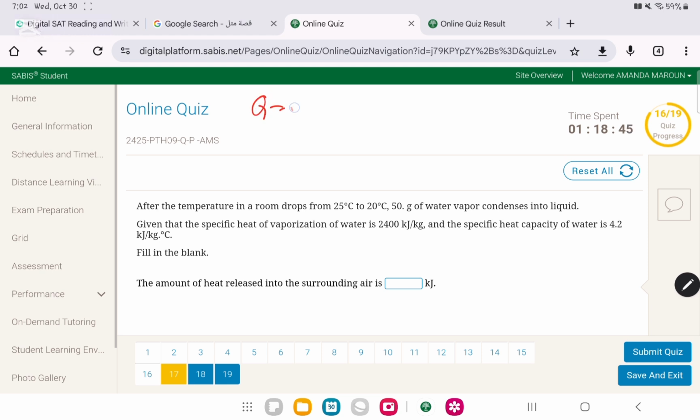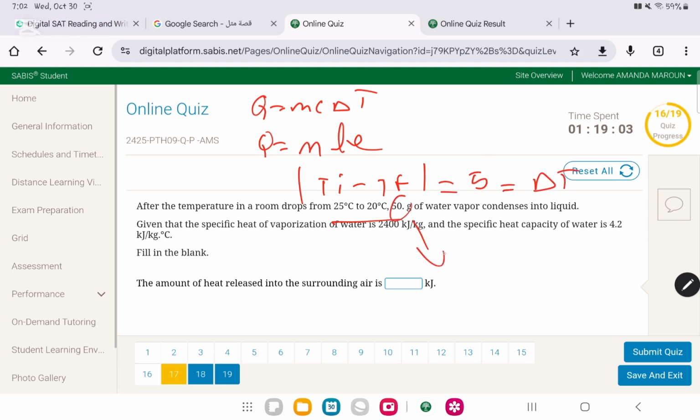Then I'm going to solve. Again, we have Q equals MC delta T and Q equals MLE. We have the change in temperature, which is temperature initial, temperature final. So temperature final minus temperature initial in absolute value, we're going to get 5. So delta T is 5. Then we have the mass, which was 0.05 kg.